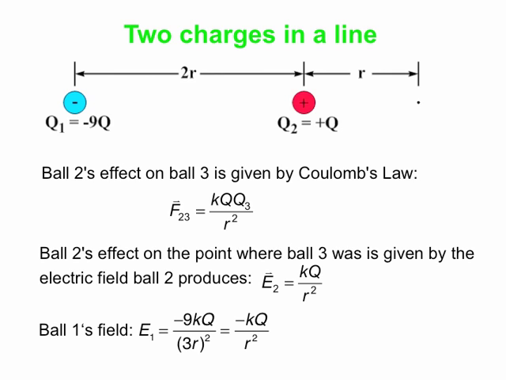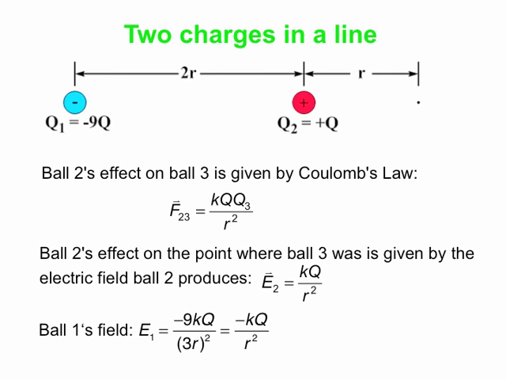Ball 1's field will be negative at that location. The field because of charge 1 will be to the left, pointing back toward the negative charge. That field is basically the force we used to have divided by Q3, since we took Q3 out of the picture. So field is force over Q.